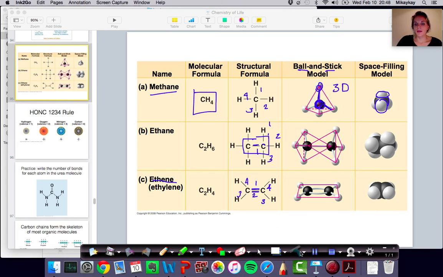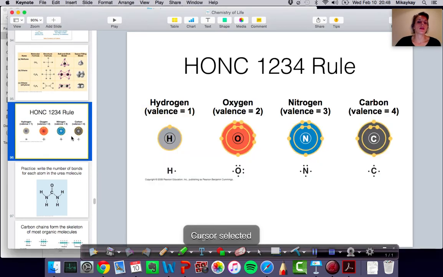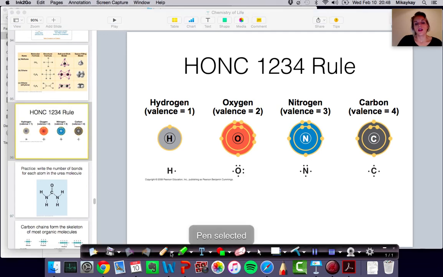And I'm going to teach you guys something that will hopefully help you remember how these bonds form, not just for carbon, but for hydrogen, oxygen, and nitrogen. So hydrogen, when it forms bonds, it always wants to make 1 bond, right? Because it has 1 unpaired valence electron that's looking for a partner. Actually, maybe I should draw that this way, but there's like an available space next to it, right? Oxygen is going to want to form 2 bonds because it has 2 unpaired electrons that are looking for a partner.